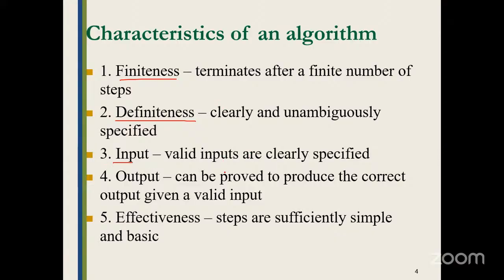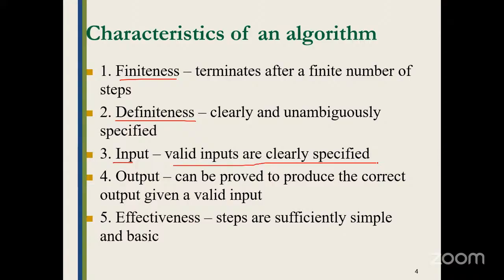Third characteristic is input. As we covered just now in the definition of the algorithm, the algorithm must take input or inputs, process them, and produce the output. So input is nothing but any valid value, valid inputs, clearly specified. To your algorithm, what is the input?